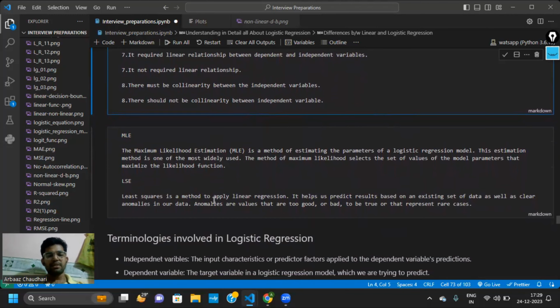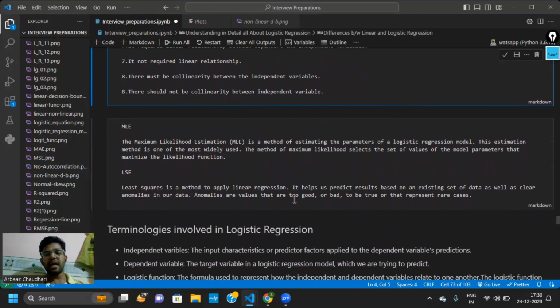The least square estimation is a method to apply linear regression. We apply linear regression with the help of least square estimation. It helps us to predict results based on the existing set of data as well as clear anomalies in our data. So our data is there, and our set of independent variables are there.